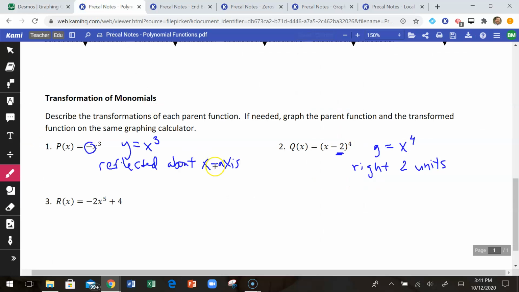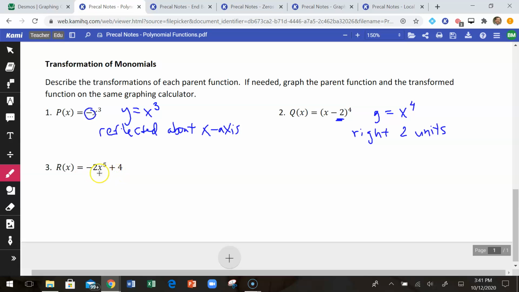And then our last one here is r of x equals -2x to the 5th plus 4. So our parent function here is y equals x to the 5th. And then what kind of transformations do we have? Well, the 2 is a vertical stretch by a factor of 2.